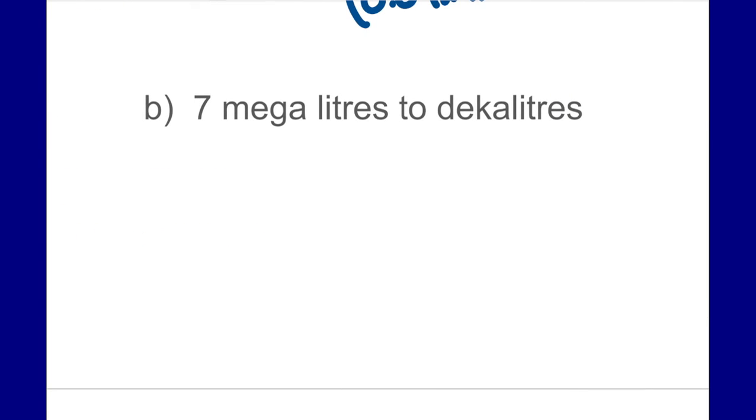Or decimeters. 7 megaliters to decaliters. So again, same kind of idea. We need to come up with a unit rate.